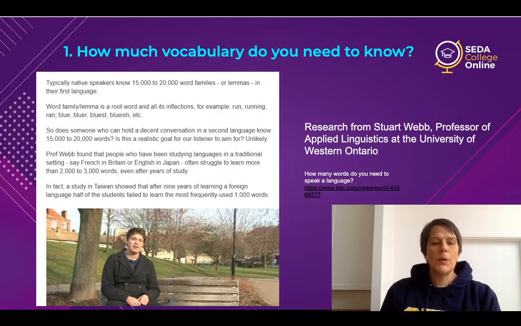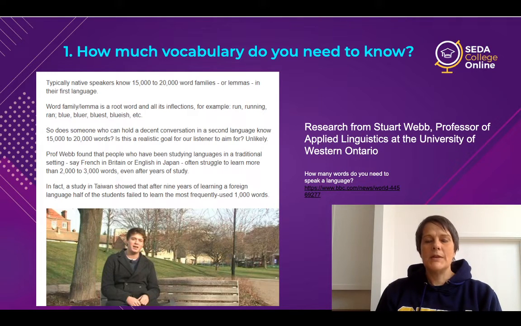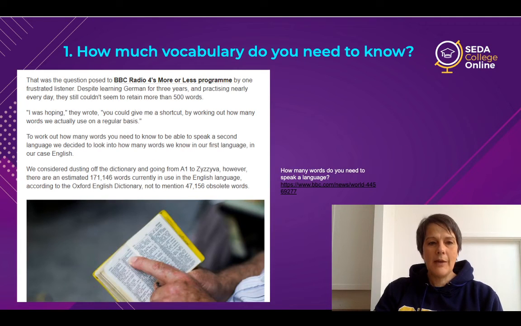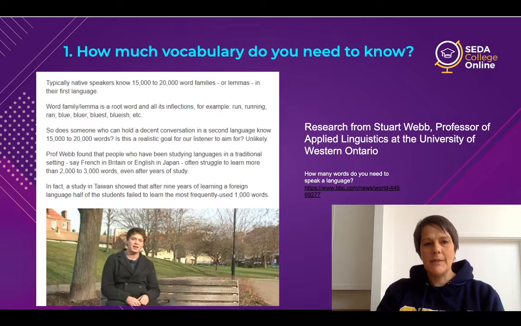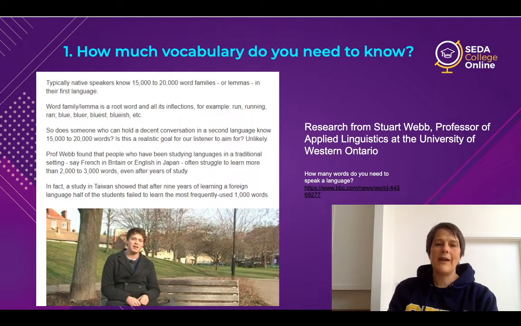So this applied linguist called Stuart Webb was asked to give his opinion, and what he says is that typically a native speaker knows 15 to 20,000 word families. So if you consider now, they say that there's 170,000 words, now we're talking about 20,000 word families.